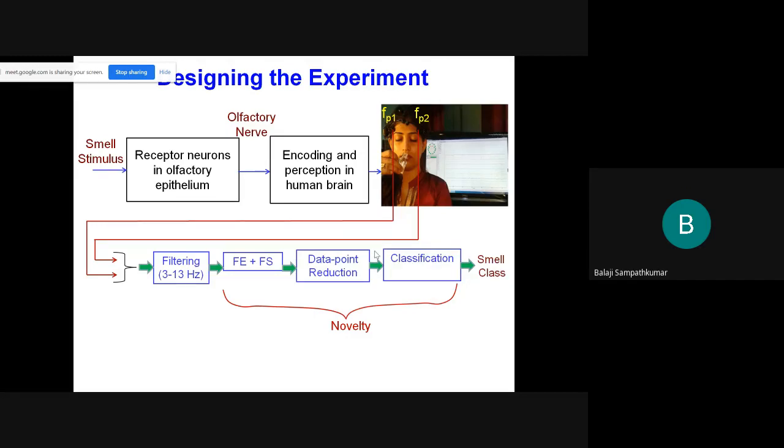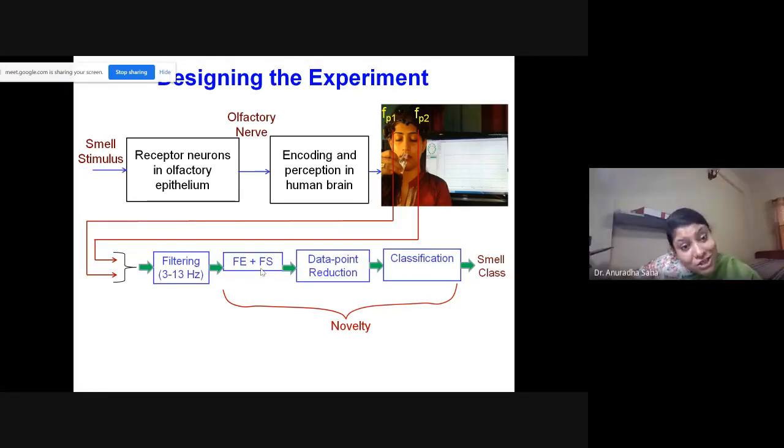If we find any large number of data points, and if after classification I do not get the correct smell class and get more misclassified classes, then I can go for a data point reduction technique as well. It is a similar process to what I performed when selecting the most significant features. We selected a few significant features from a large pool of features.